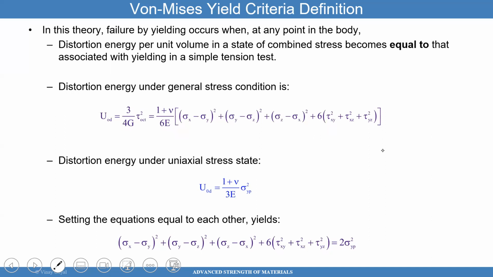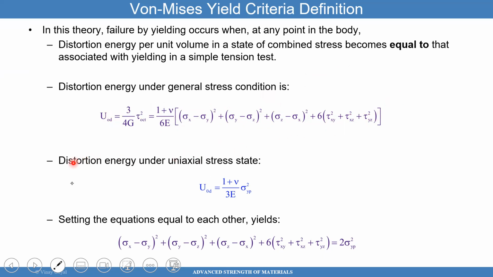I already covered von Mises in a different lecture, but that's okay. The important thing is that you have this in mind. So the distortion energy under stress state condition, and I'm not going to derive the equation, but here you have nu, the Poisson ratio, and the modulus. You will have the stress states for a particular point in the system. So that whole thing is known, and so is the strain energy.